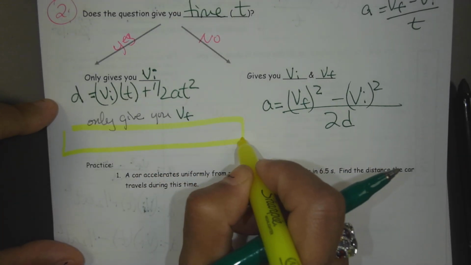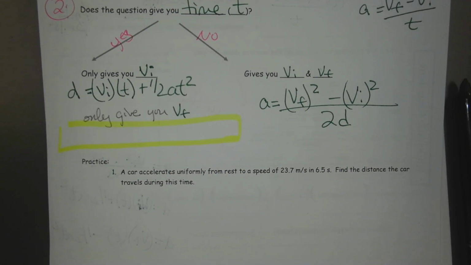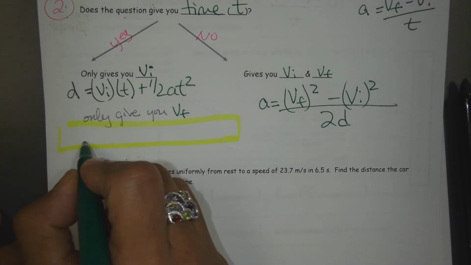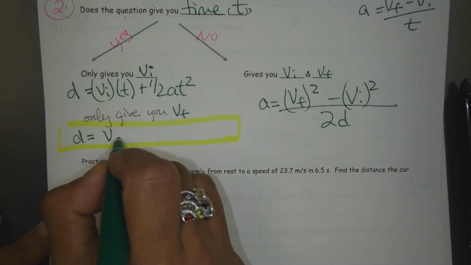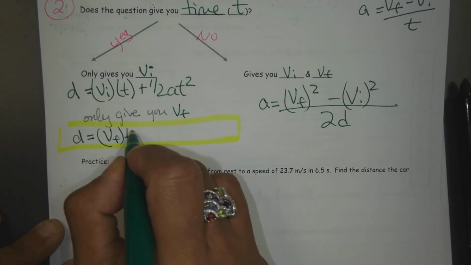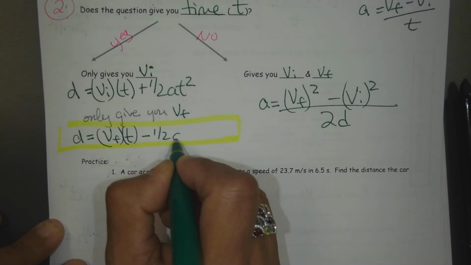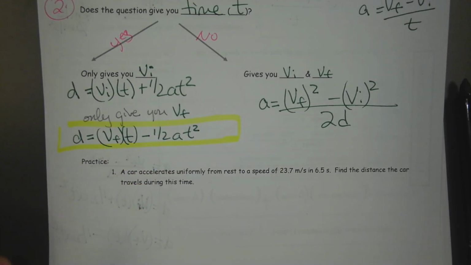Now, the formula chart is given to you. There are about 3 or 4 equations that are not on the formula chart. I will always tell you, and I will always highlight them. This highlighted one is a memorized one. It was on the previous first page. D equals VF times T minus 1/2 AT squared.